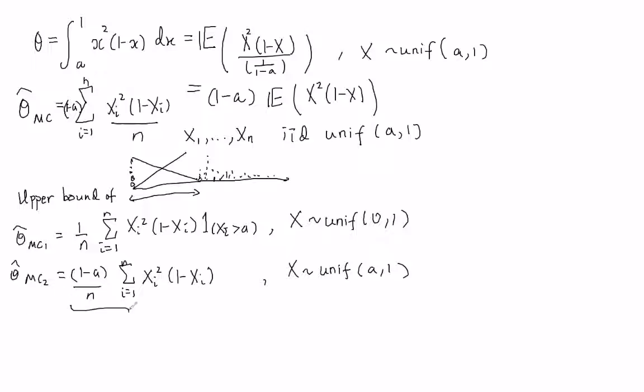For this one, we know that its variance is bounded by theta, then m minus theta, right? Where your m is equal to the max over your x.